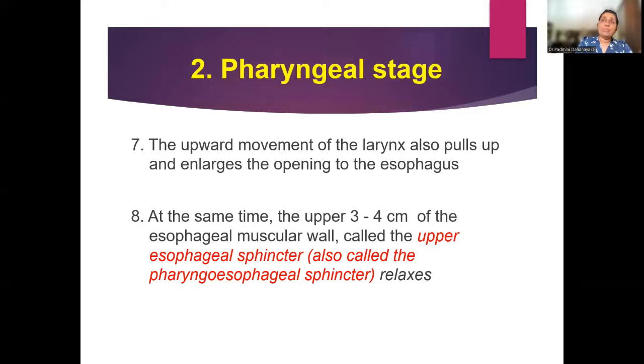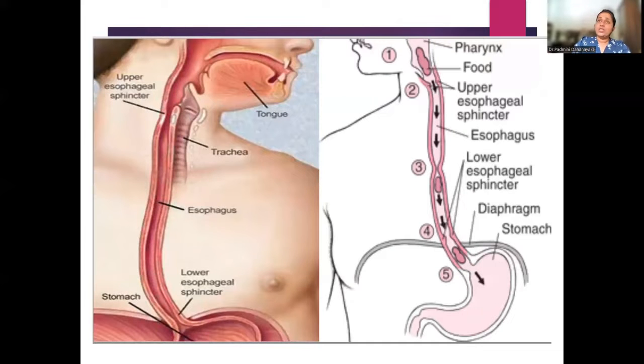So the esophageal opening will be enlarged by the movement of the larynx, and the palatopharyngeal folds will be approximated together, forming a selective action by means of a small sagittal slit. At the same time, your upper esophageal sphincter will be relaxed, and it will accommodate the food bolus to enter easily into your esophagus.